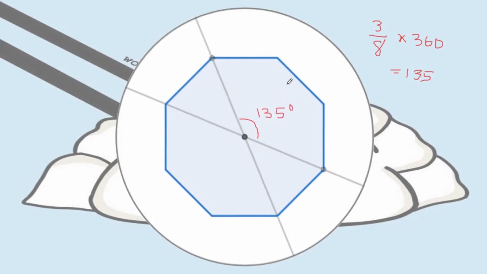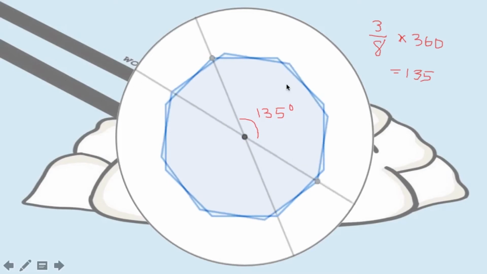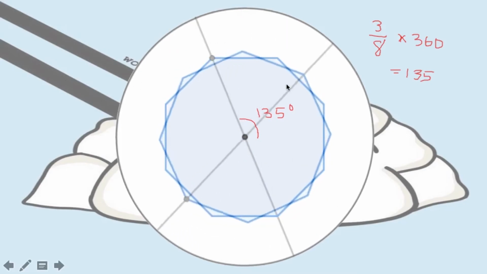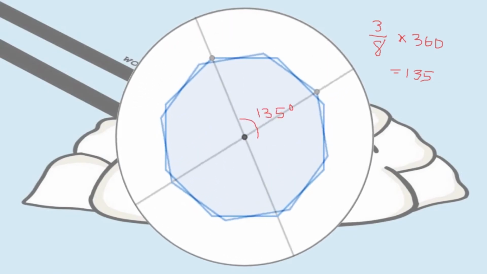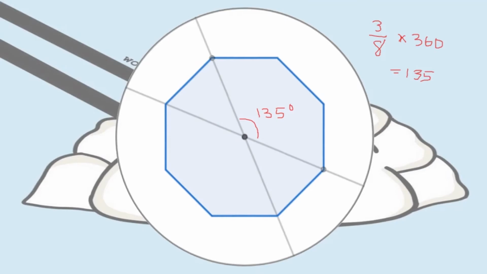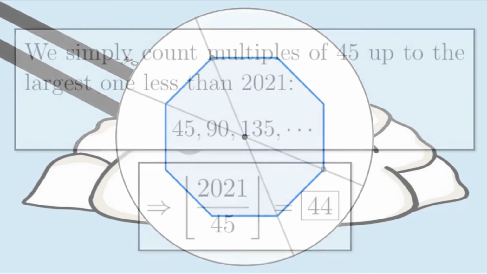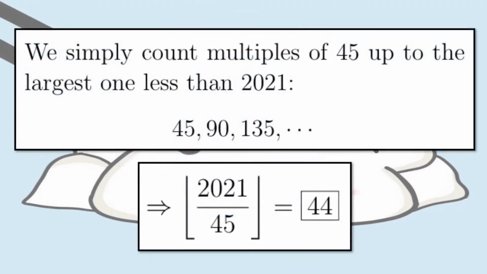Now let's just note 45, 90, and 135. In fact, they are multiples of 45. So by our pattern, the next few angles would also be multiples of 45. We keep adding 45 to our previous answers. So we simply count the multiples of 45 up to the largest one less than 2021, since we're given at the start that n is less than 2021.